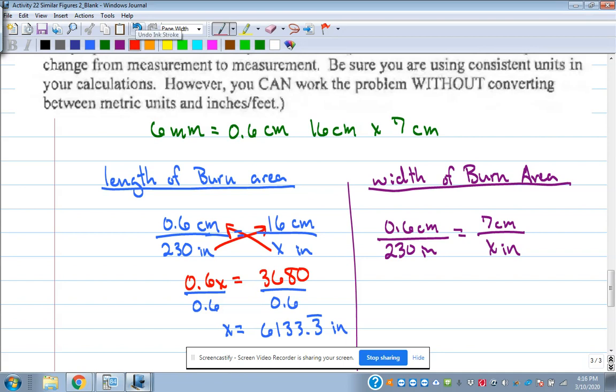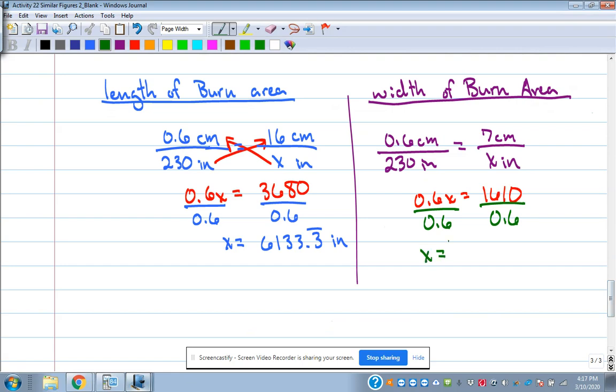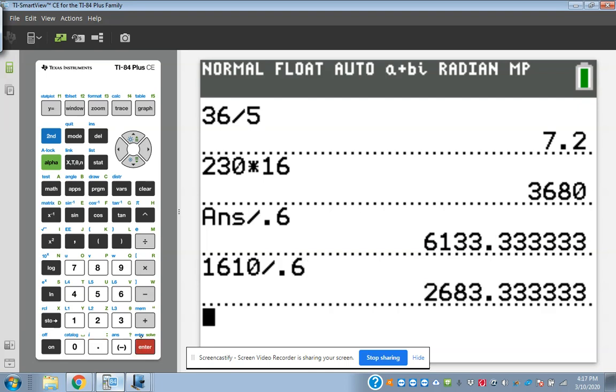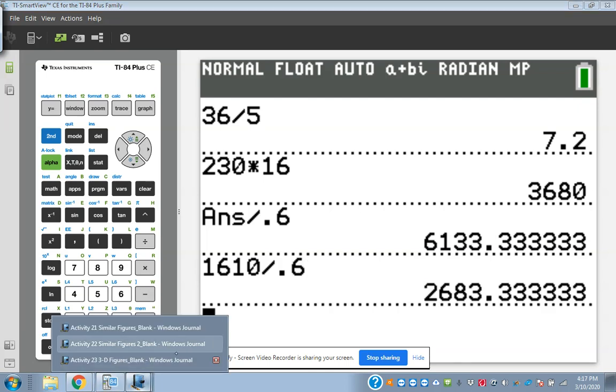So setting up 0.6 centimeters over 230, the same scale that we learned from our truck that was in the picture, and then set it up with the other dimension, 7 centimeters over some sort of inches, and work it from there. 1400 and 210, 1610, is that how much that is? Yay. And then divide by 0.6. 1610 divided by 0.6 is 2683.